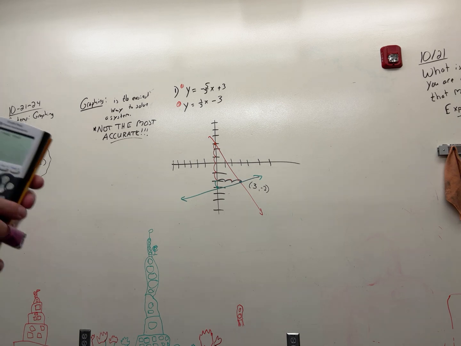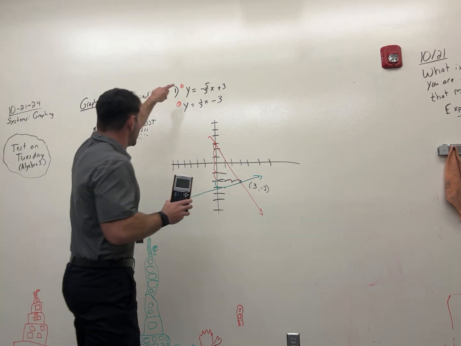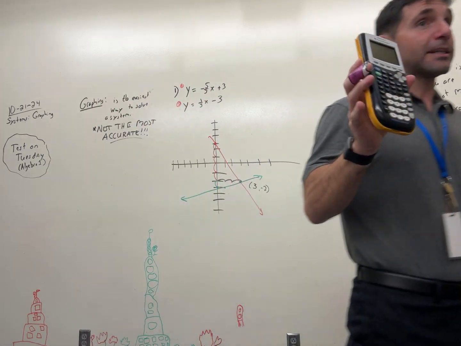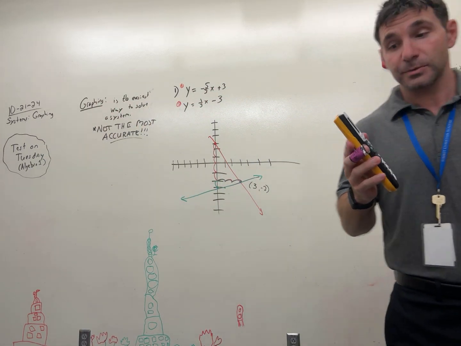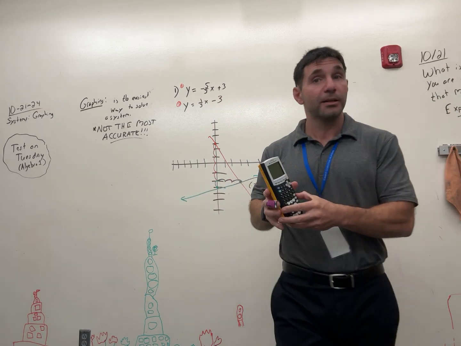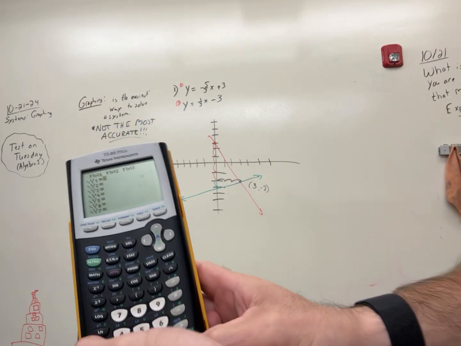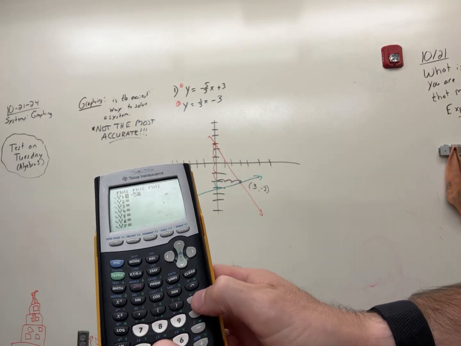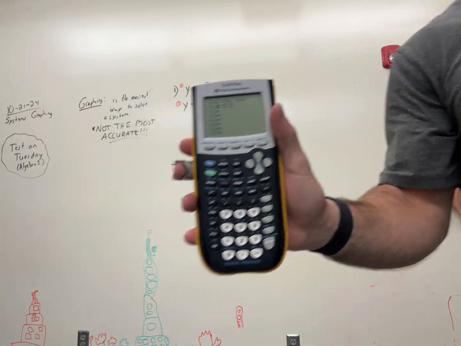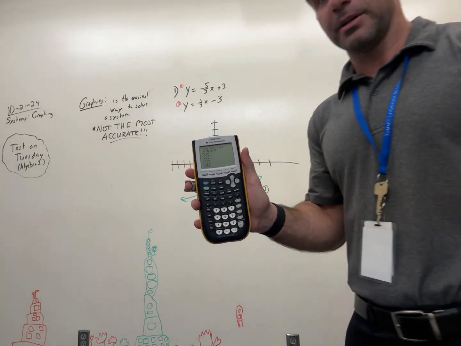Okay, so right now we have y1, we have y2. You do not need to enter a y into the calculator because it's already y equals. So we are just putting in this portion. So let's enter in the first one. So I'm going to do -5 divided by 3. What x do I use? Does anybody know?